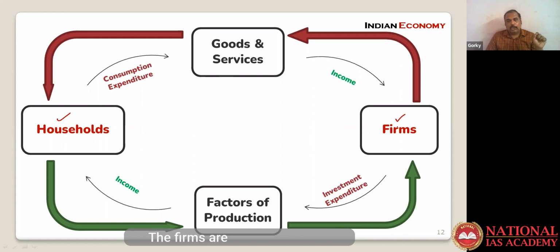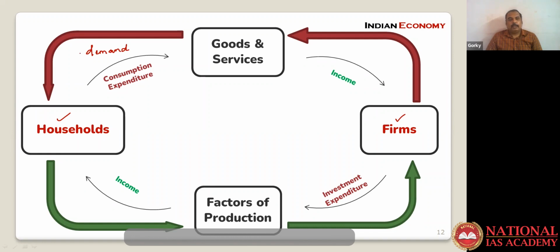If the firms decide on their own, it is called a free market economy. If it is done by the state, then it is a controlled economy. So I'm not going much deeper into political economy as of now. Clear?